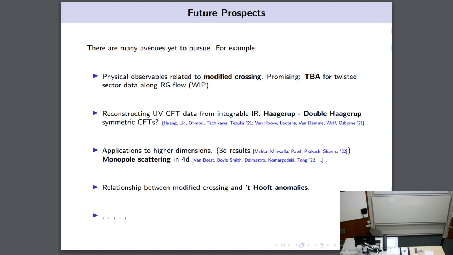And another very nice thing is monopole scattering in 4D, which has been studied recently too. And I also would like maybe to study the confining string or other extended defects, which interplay with one-form symmetry in a nice way. This would maybe give some insights in the strongly coupled regime of confining gauge theories, which otherwise we don't have.